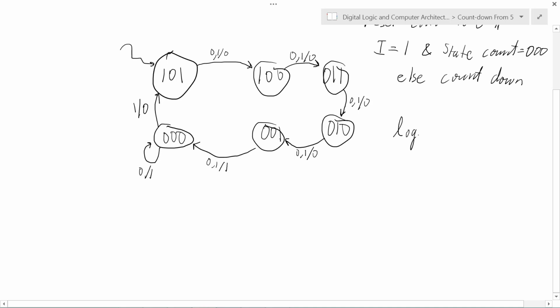Log base 2 of 6 is between 2 and 3. However, the ceiling of log base 2 of 6 is equal to 3. So the number of bits, n, is equal to 3.